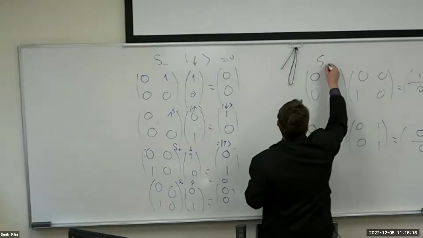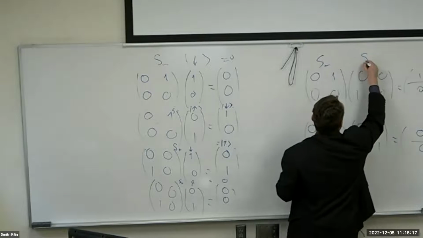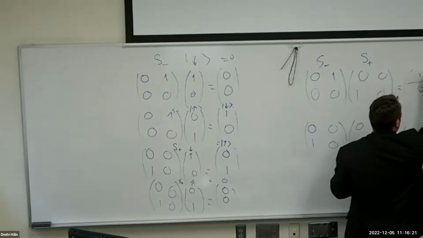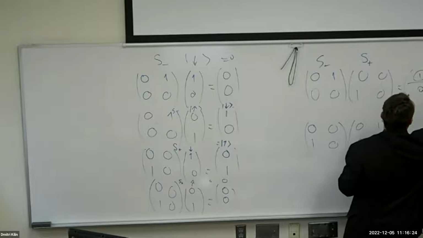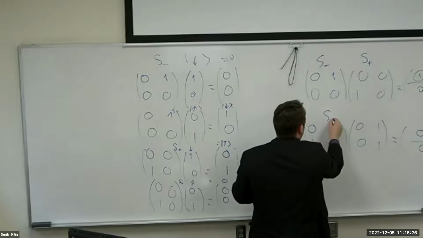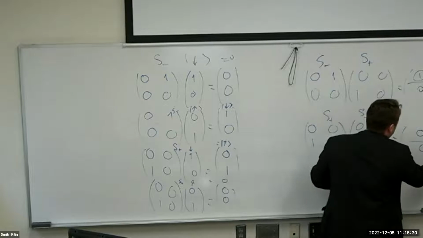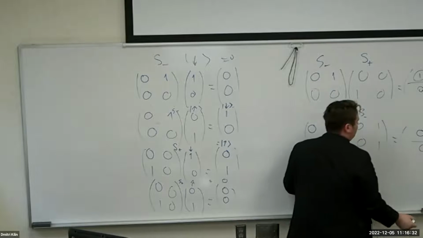So, the combination of S minus S plus will give an operator that projects only spin down. The combination of S plus S minus will give a projection that passes only spin up, right?